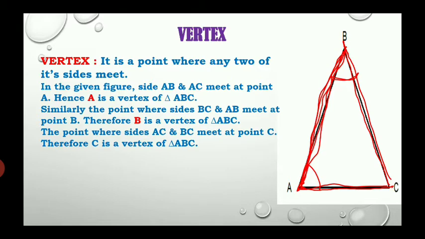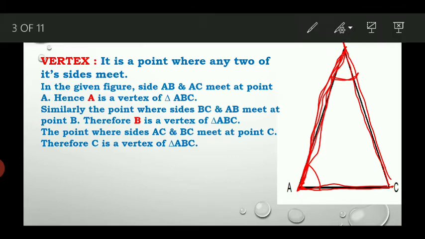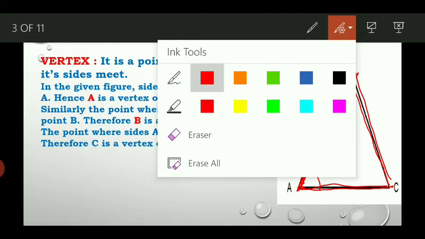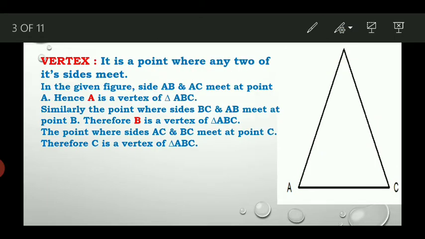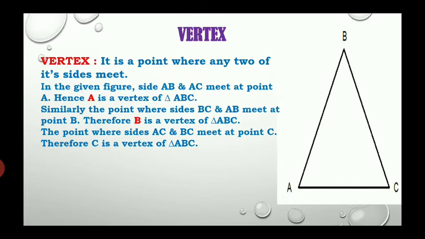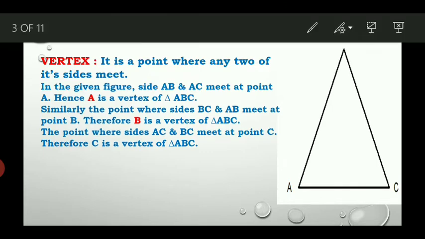The point where sides AC and BC meet is point C. Now see AC and BC. This is BC.